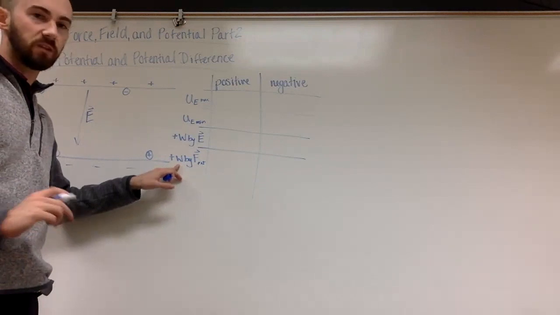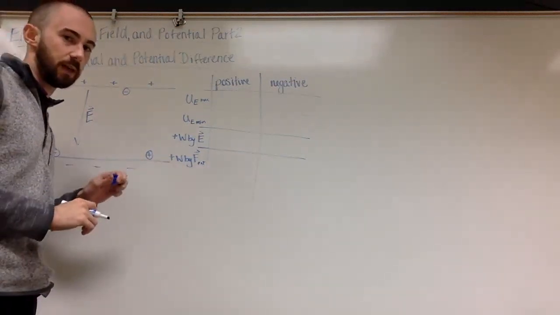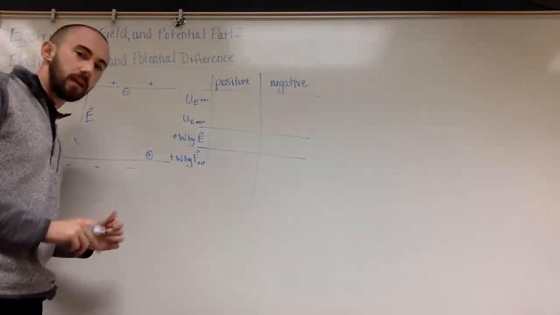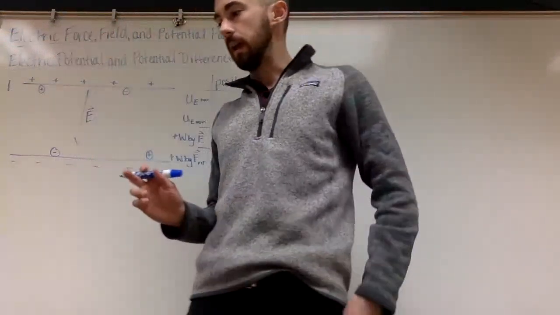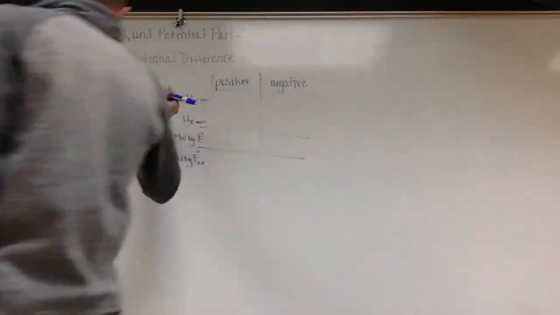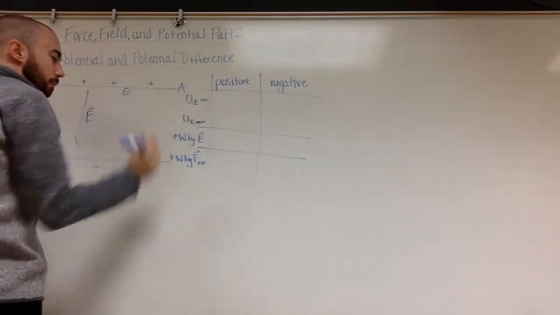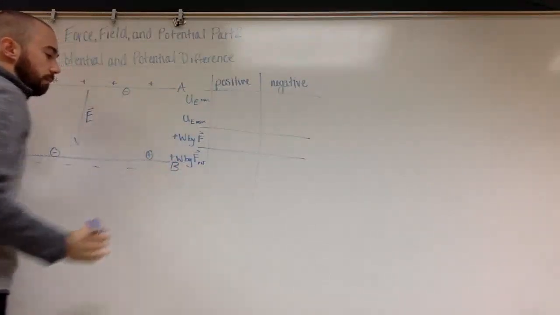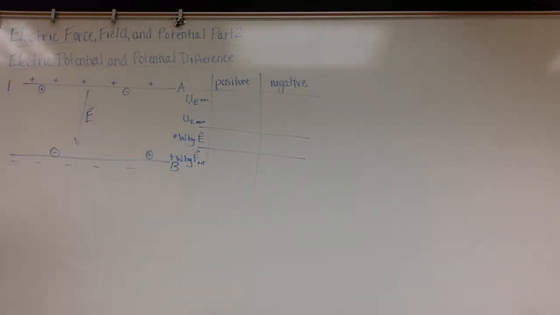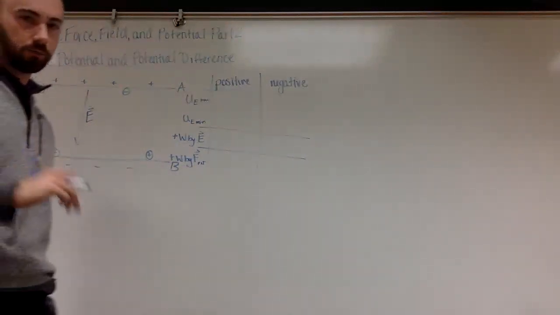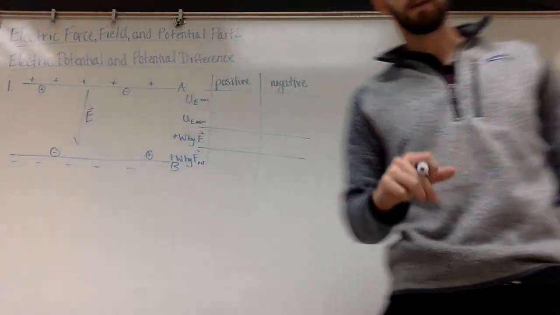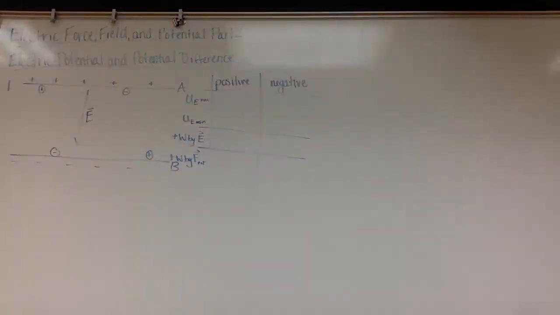So this would be like where you have to push against the electric field to make it happen. So I want you to take a second, pause the video, and tell me about when it'll be what. And let's call this plate A and this plate B. So tell me when you're at A, at B, when you go from A to B. Go ahead and fill out the chart, and we'll be right back in just a second to go over it.